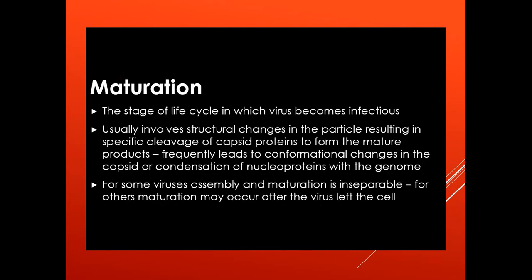Maturation. The stage of the life cycle in which the virus becomes infectious is known as maturation. It usually involves structural changes in the particle, resulting in specific cleavage of capsid proteins to form the mature product, frequently leading to conformational changes in the capsid or condensation of nucleoproteins with the genome.